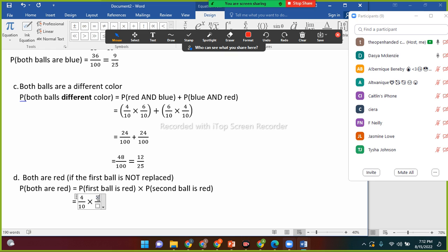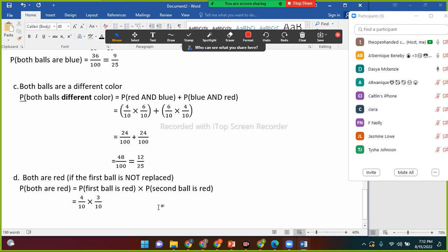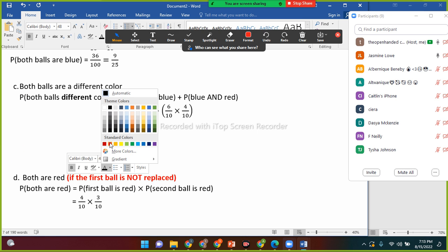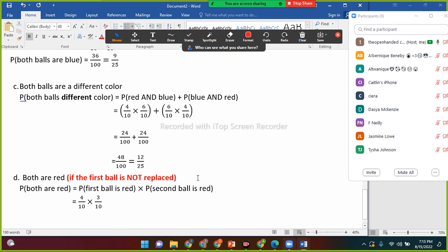How do we get 3? You have to read the question. It says if the first ball is not replaced. Remember your experiment.